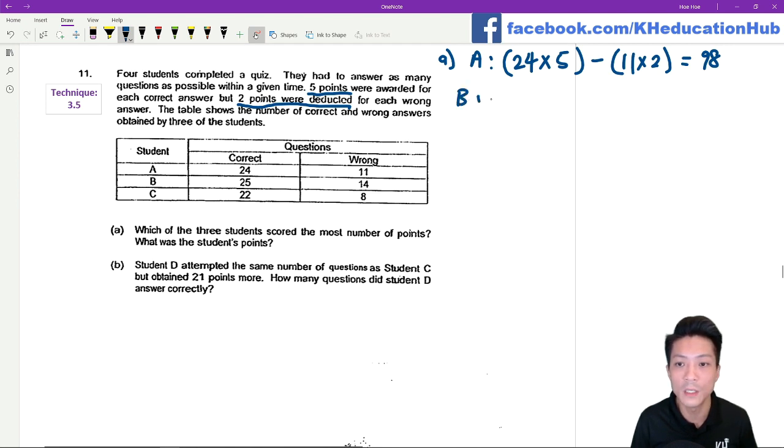Student B, 25 multiplied by 5 minus 14 times 2.